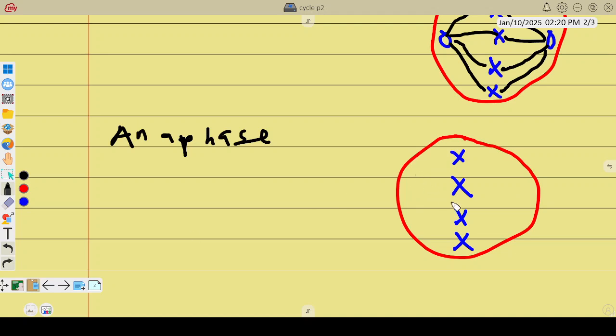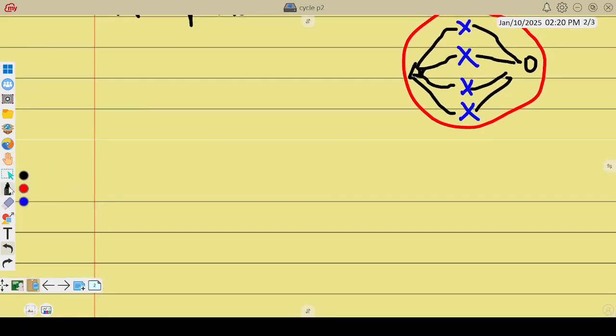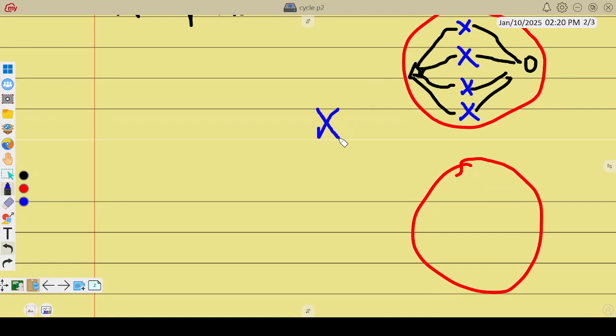So let's do this. They will be pulled in. All of these will now be pulled to the opposite poles. When they are pulled, how will they look? The structure will now look like this.